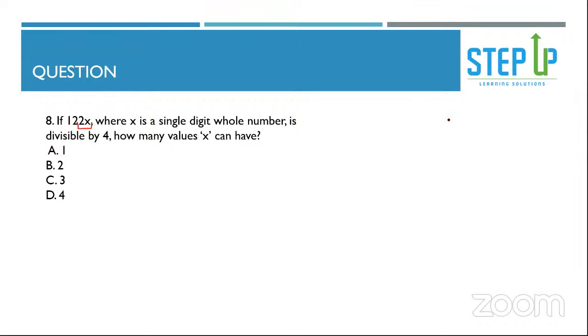Since it is 122x, we just have to focus on the last 2 digits. 20 is divisible, 24 is divisible, 28 is divisible. So these are the 3 possible values of x. X can have 3 values.